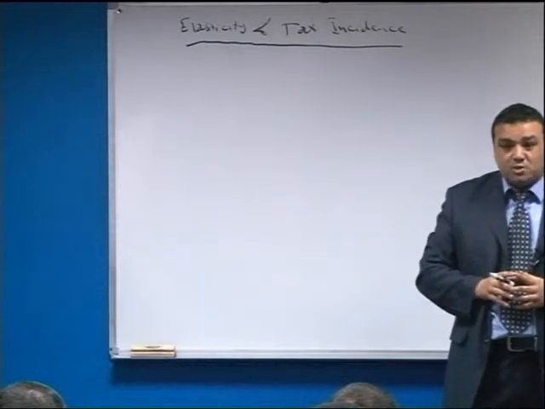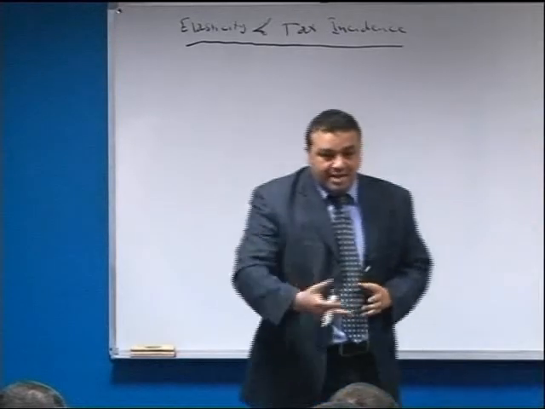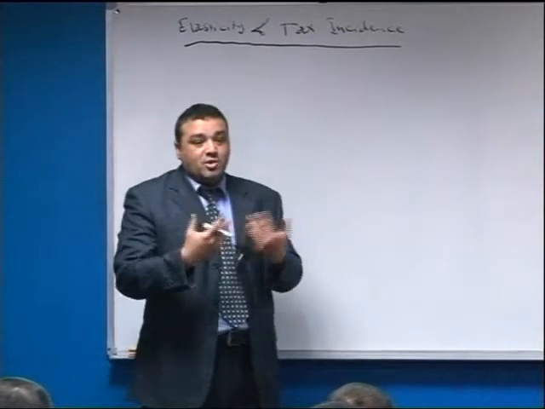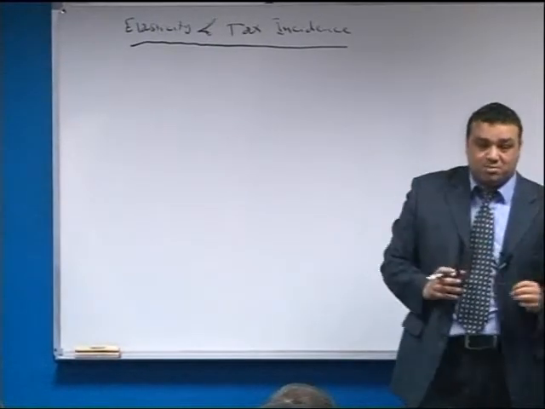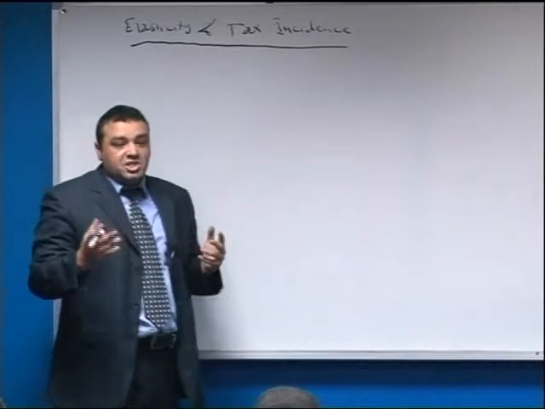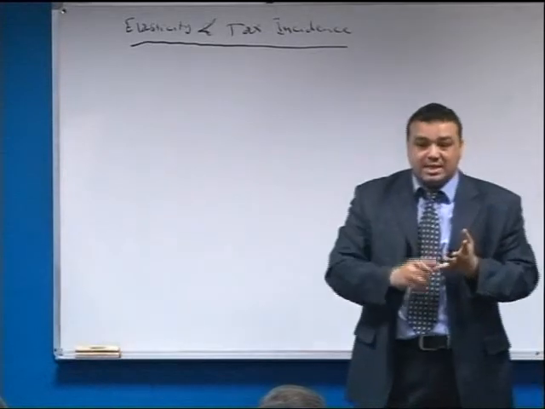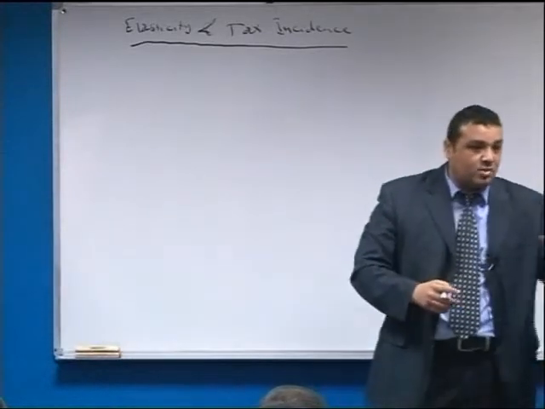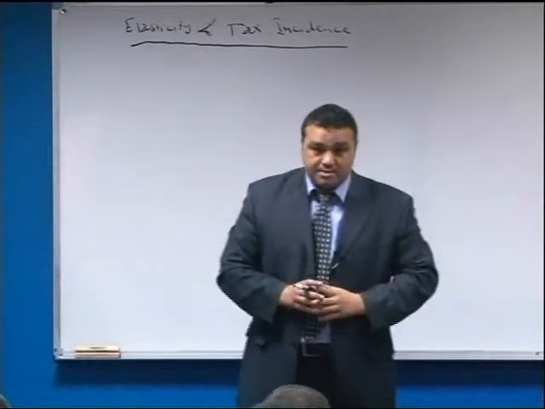We have more than 12 cases to understand the idea and to analyze who will bear the most or the least or the whole of the tax burden. Number one, we are going to analyze the relationship between the price elasticity of demand, or when the demand is elastic, inelastic, perfectly elastic, and so on, and its relationship with the tax burden.